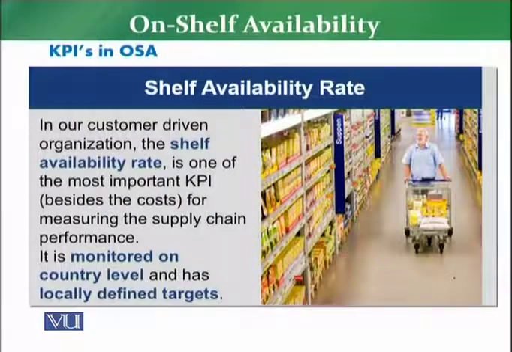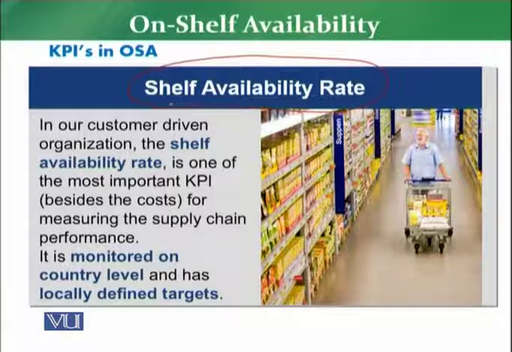So what is the key KPI in on-shelf availability? On-shelf availability is the shelf availability rate. The target of the retail store is to increase the shelf availability rate to 90%, 95%, 98%, and of course 100%. That should be the target of the retail store.